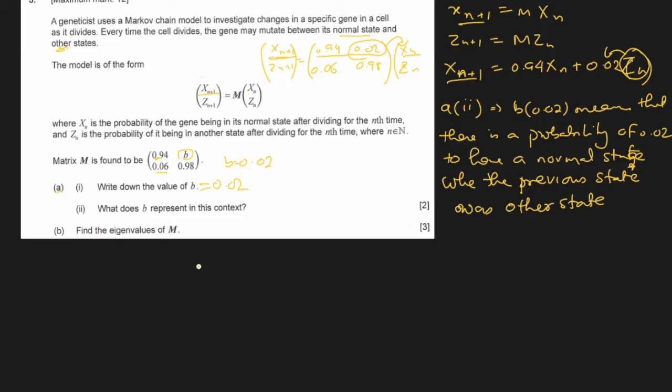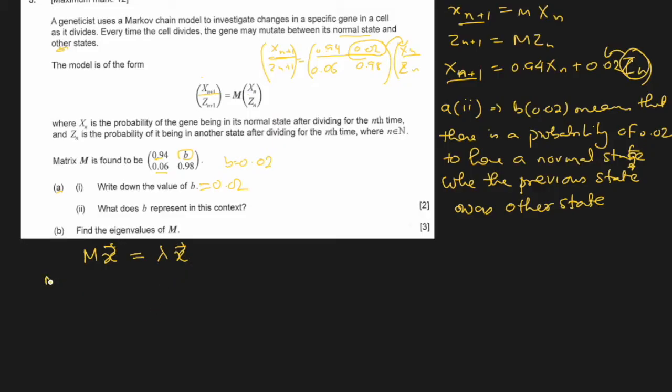Find the eigenvalue of M. All right. So let's write M, and let's take this as one vector x. M times eigenvector will be equal to lambda times eigenvector. So let's bring it to the left side.